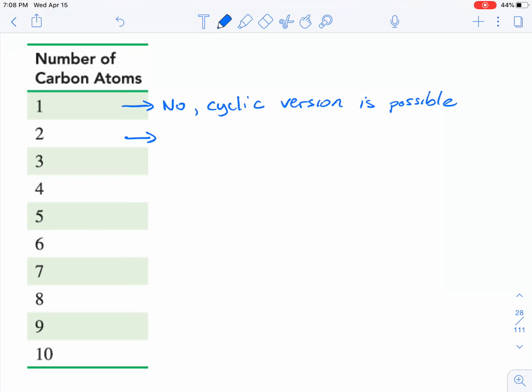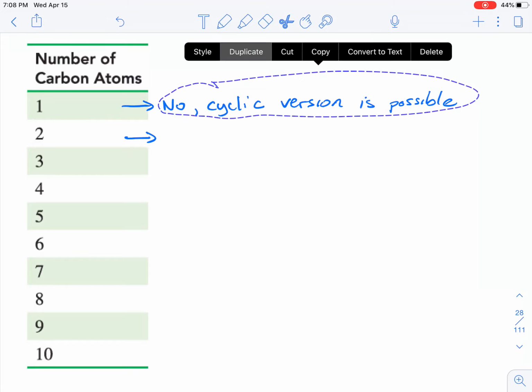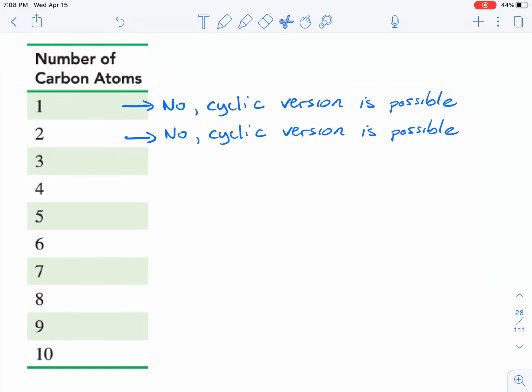The answer is no. And you can think about it for yourself. Remember, 1 carbon is 1 dot. 2 carbons are 2 dots. There's no way that you can form a ring with 2 dots or 1 dot.